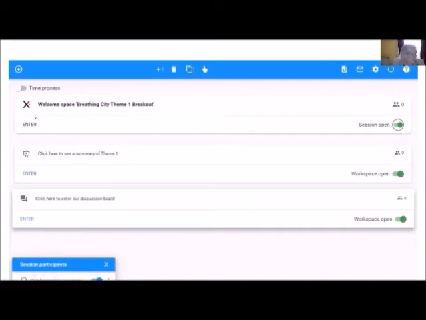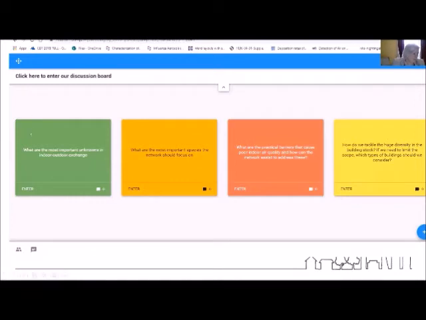This is what it looks like when you get in. You should get a screen like this, which will have the welcome space, and then you can see a summary and the discussion board. If you click into the discussion board, this is for theme 1, you would see the different areas. You can click into those and click enter. If you want to come back out, just use the back or navigation function.